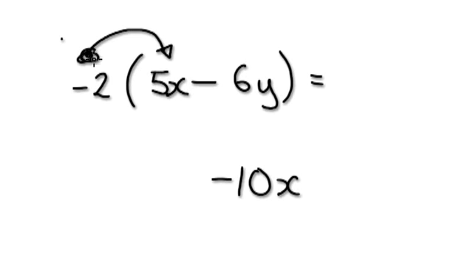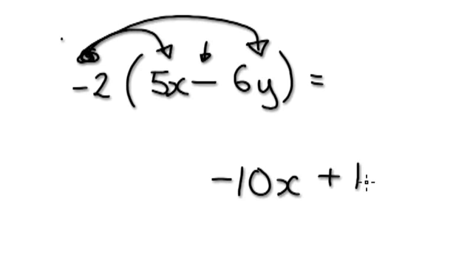And now you've got to get this times this. Here you've got a minus, and then you've got another minus here. I know this is quite strange, but it will make sense when you do it a few times. So this would actually become plus 12y. You just got to practice, and then it will make sense in the future. Maybe not now, but in the future it will. I will give you some more practice.